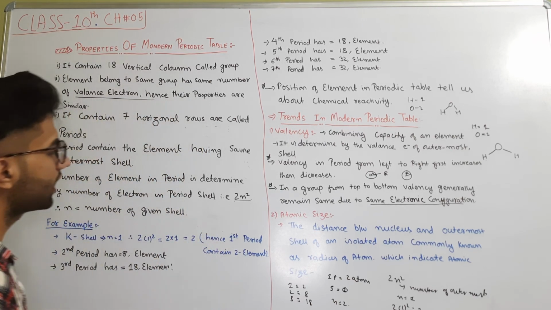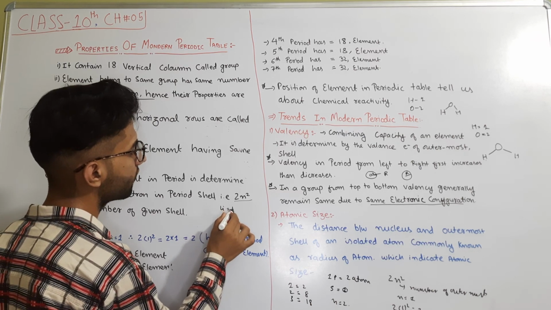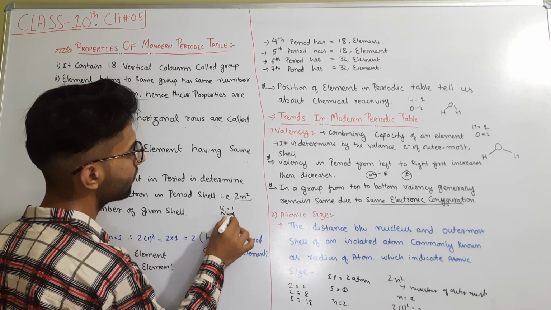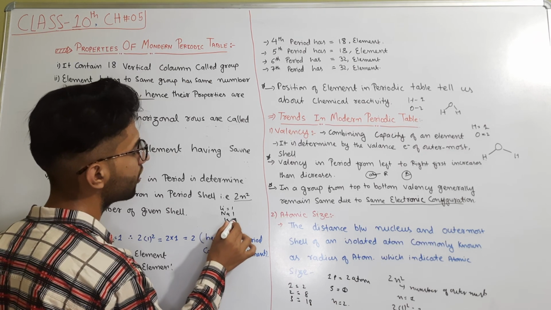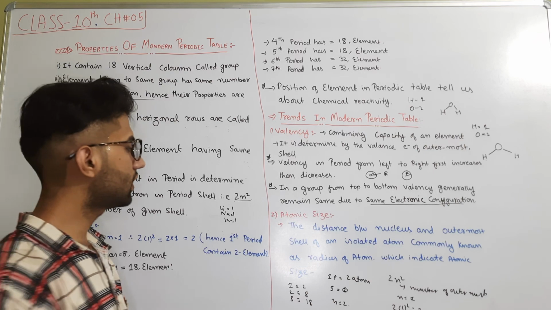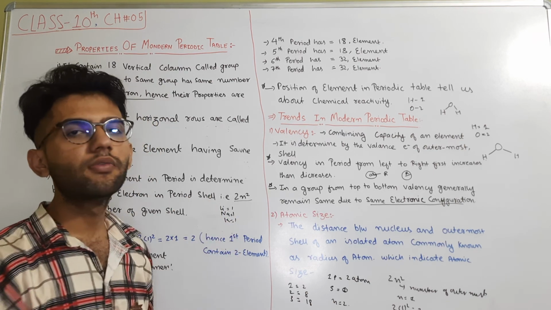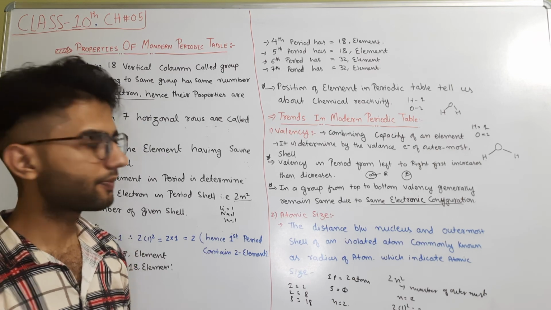As we have described here, lithium has 1 outermost electron, sodium has 1 outermost electron, potassium has 1 outermost electron. So they have the same outermost electronic configuration, hence the valency of all the elements of one group is also the same.